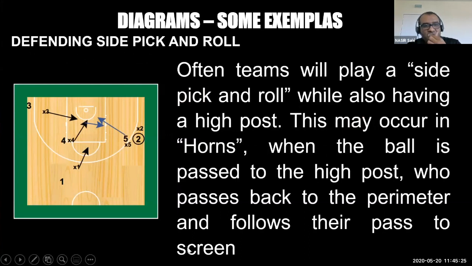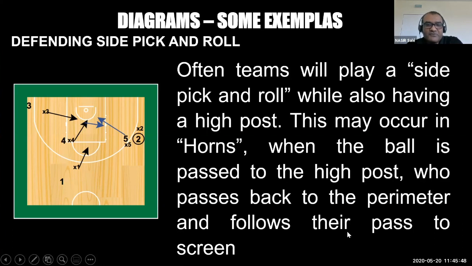This is a situation about the side pick and roll. We know it is possible for many teams to use pick and roll offense in the middle court and the side courts. And in these situations, you have the side pick and roll. Often we play the pick and roll even from the high post.